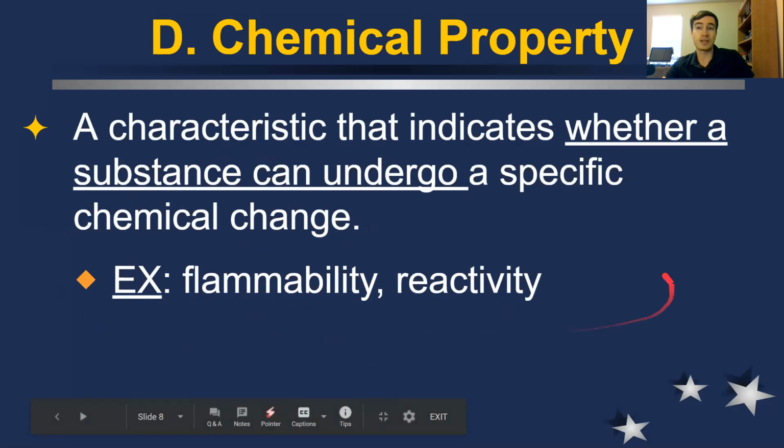Same thing with reactivity. So this is just how likely is something to go through a chemical reaction or a chemical change with other substances. So some stuff like the mineral potassium, for example, that is very reactive. It's very likely to go through a chemical reaction with other atoms, other elements.